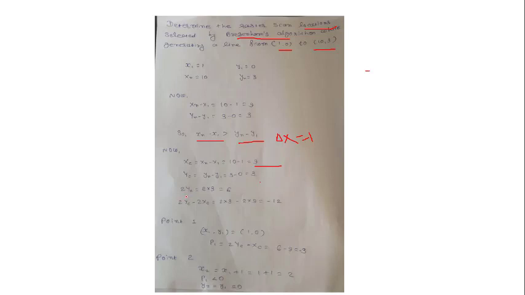Now we will also use 2yc. 2yc is 2 into 3 is equal to 6, and another quantity is 2yc minus 2xc, as yc is 3 and xc is 9, so 6 minus 18 is equal to minus 12.